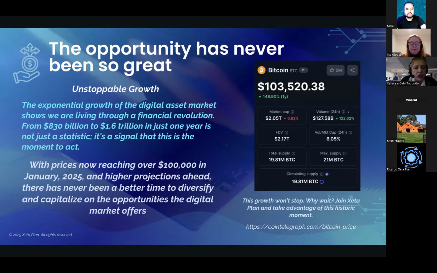Bitcoin has reached prices over $100,000 this month. And although today we're seeing a drawdown in the market, these days are opportunities. These are the big sale days. Because guys, the red days in 2025 are meant to buy in crypto and the green days to sell. So be patient and trust the system.